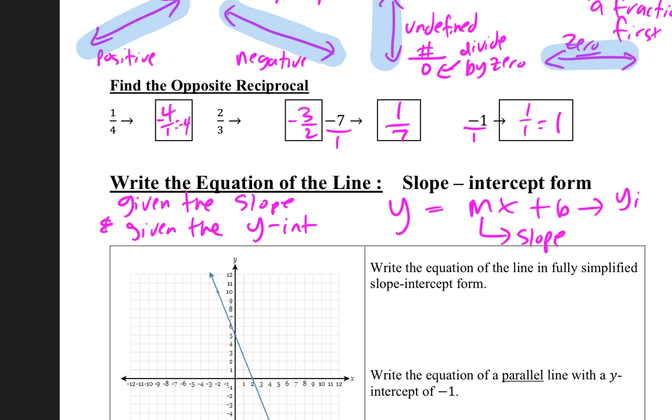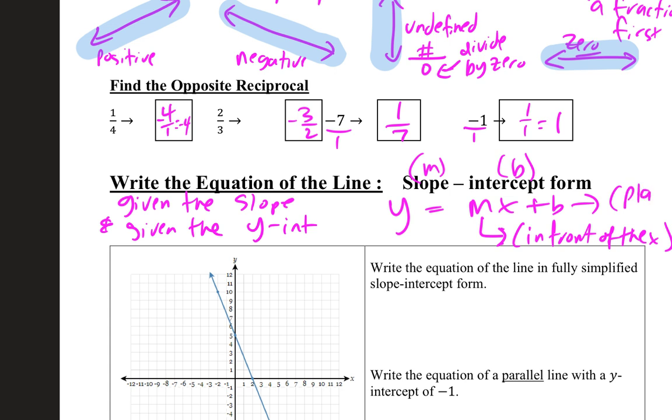The b is the y-intercept, the plain number. So all we're going to do is think, what is the m value and what is the b value? Everything else will be written the same.